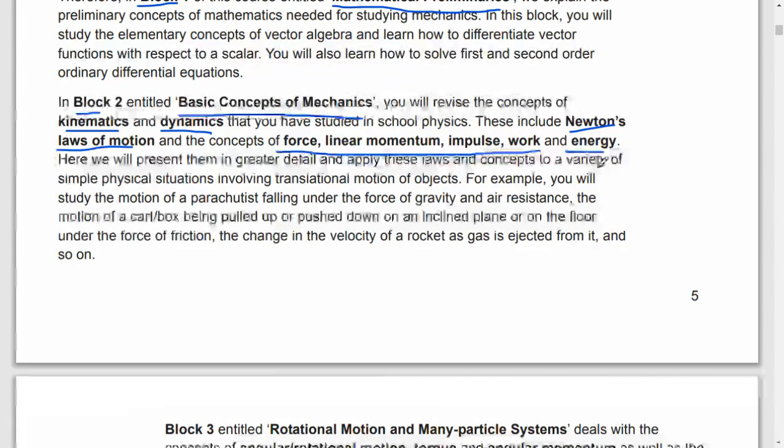For example, you will study the motion of a parachute falling under the force of gravity and air resistance, the motion of a cart or box being pulled up or pushed down on an inclined plane or on the floor under the force of friction, the change in the velocity of a rocket as gas is ejected from it, and so on.